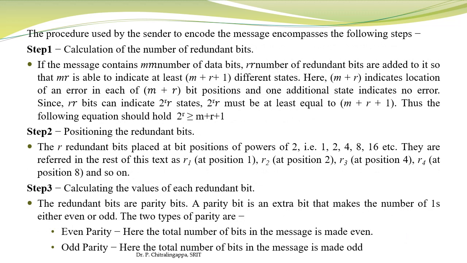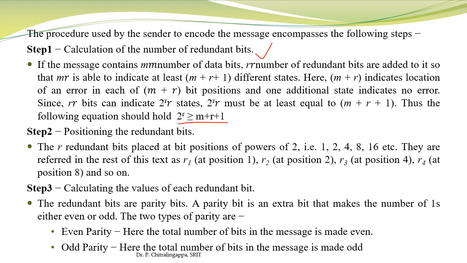These are the steps in Hamming codes. The first step is to calculate the number of redundant bits, that is, how many extra bits we are going to add to the original data, using this formula: 2 to the power of r greater than or equal to m plus r plus 1. Here m is the number of bits of the original data.